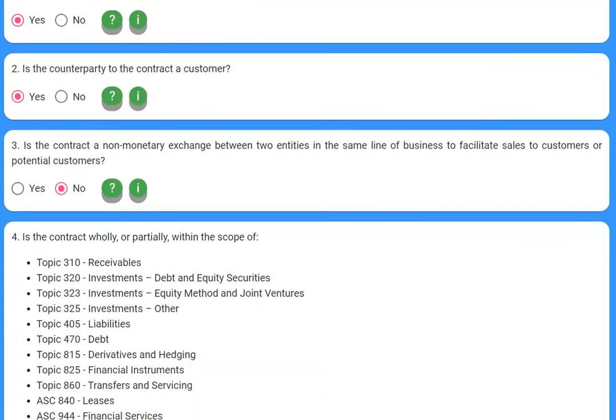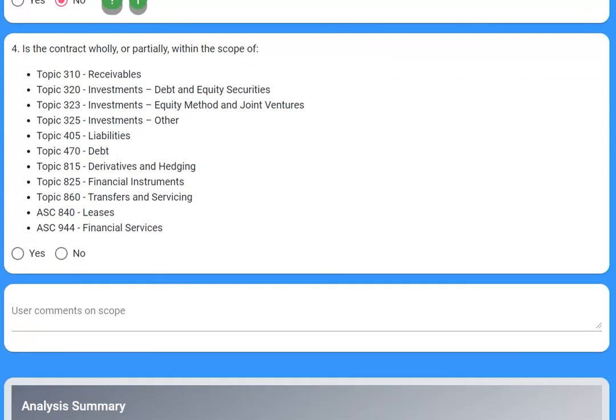So now we've moved to, is the contract wholly or partially within scope of any of these areas of literature? The most common ones that will pop up is you'll have contracts that are insurance contracts, which would be outside of the scope of 606. You might have a lease contract, which would be outside of the scope of 606. Financial instruments, anything that is wholly within the scope of these other areas of literature would be outside the scope of 606.